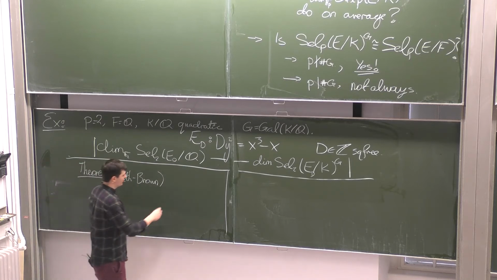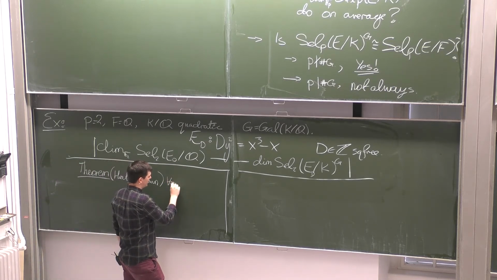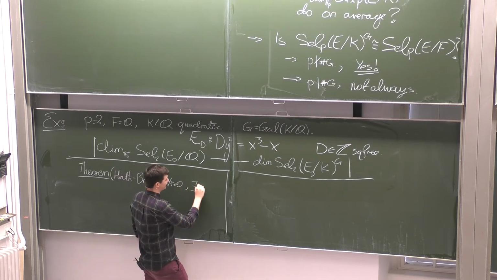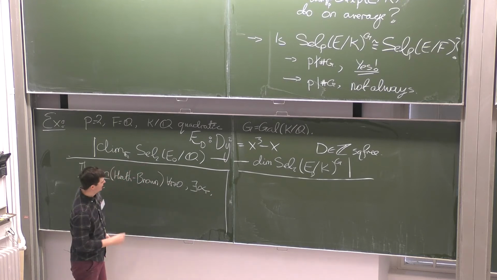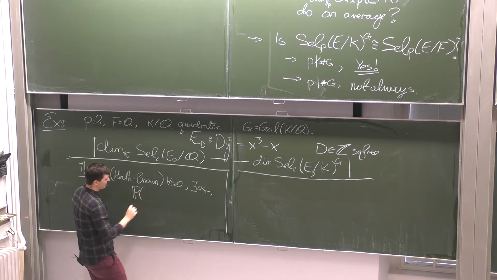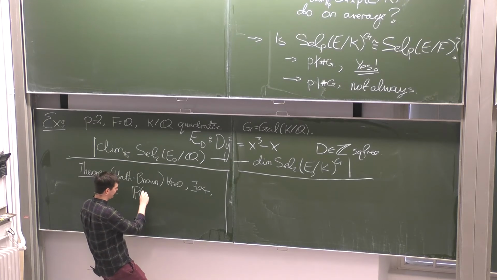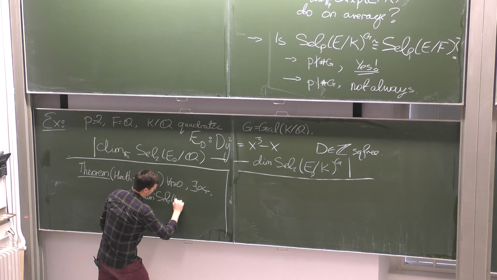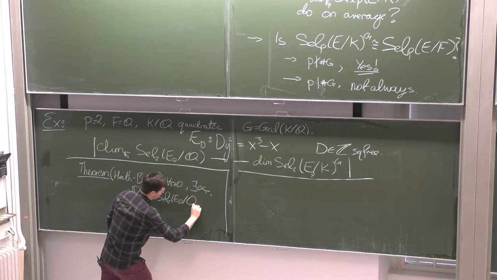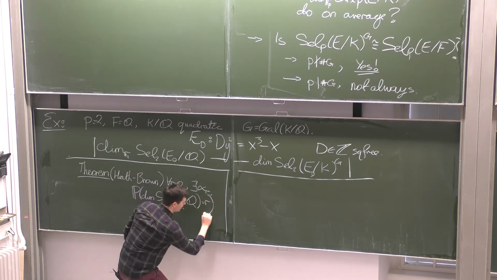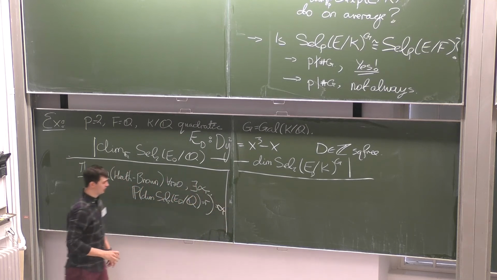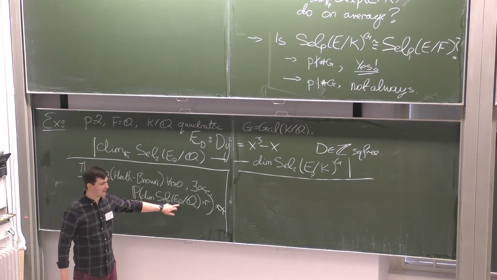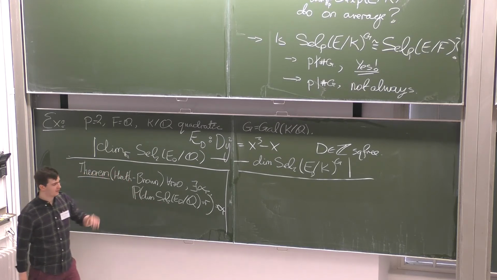And what Heath-Brown proves is for every integer r, he finds explicit alpha r such that the probability, I'll maybe be precise about that in a second, that the dimension of the 2-Selmer group of a congruent number curve over Q is r is exactly this explicit constant alpha r. So probability here, I just mean you take d up to some bound, satisfying the condition, and then let the bound tend to infinity.